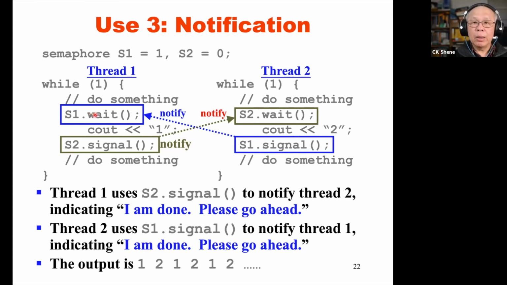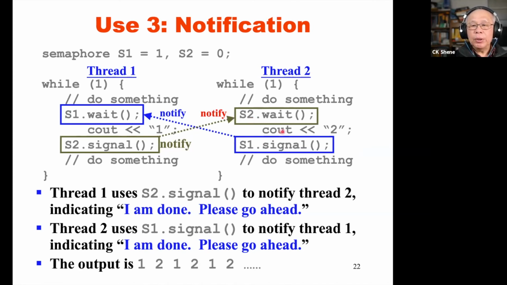So thread 1 waits. On the other hand, when thread 2 executes S2 dot wait, it reduces its initial value 0 to -1. So thread 2 is blocked until thread 1 signals it, because thread 1 increased the value back to 0 from -1, and thread 2 is released.